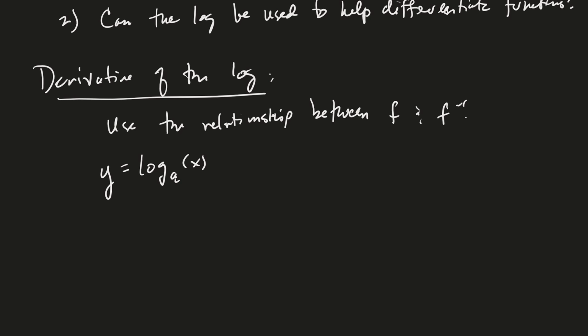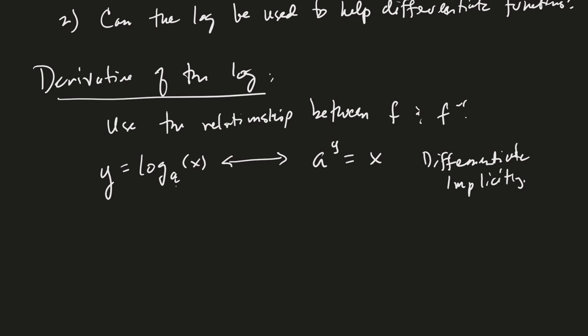Then I can rewrite that as a to the y equals x. Now I can differentiate implicitly, by treating y as a function of x.